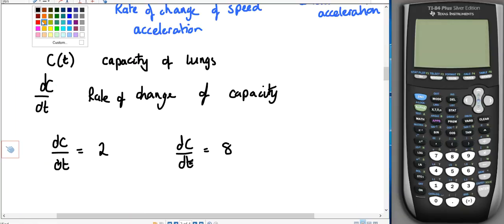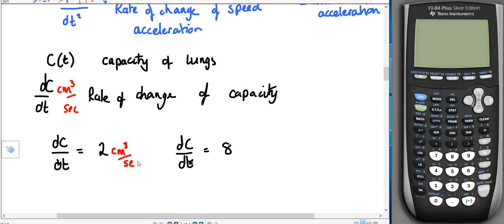Just centimetres? Centimetres cubed, because it's a volume, right? And time is in seconds. So we've got the rate of change of volume. So we are saying that volume is changing at 2 centimetres cubed per second. We might also, by the way, do capacity in millilitres or litres or whatever. Or this would be centimetres cubed per second.